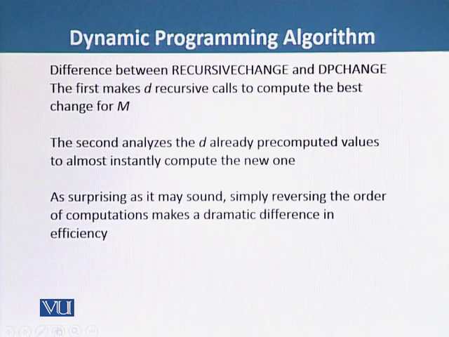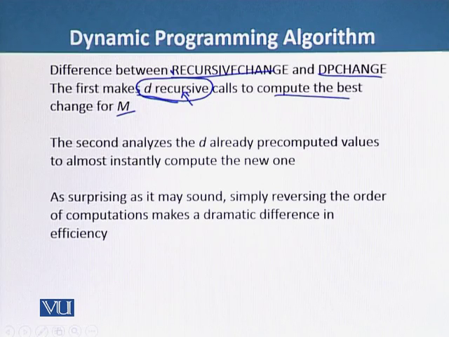So we can see here the main differences between the recursive change and the dynamic change. The recursive change recursively calls itself again and again and then computes the best change for m. When it is calling again and again, it will take a lot of time.